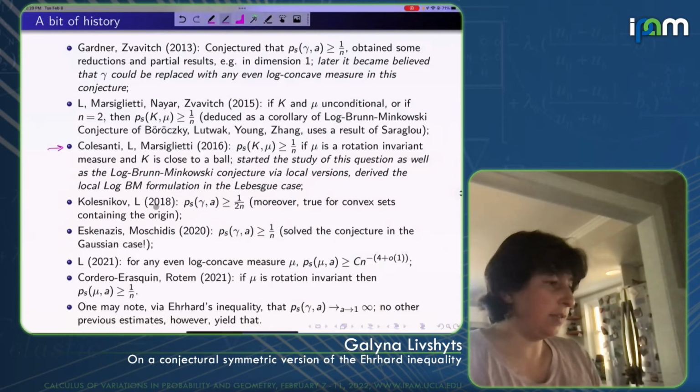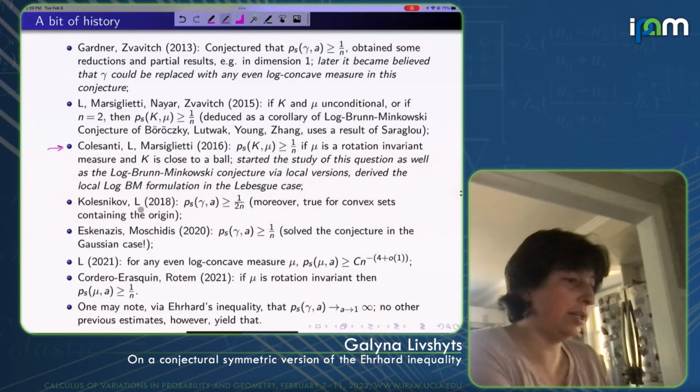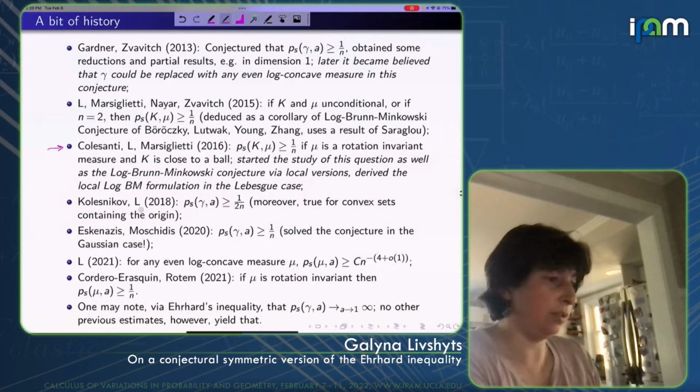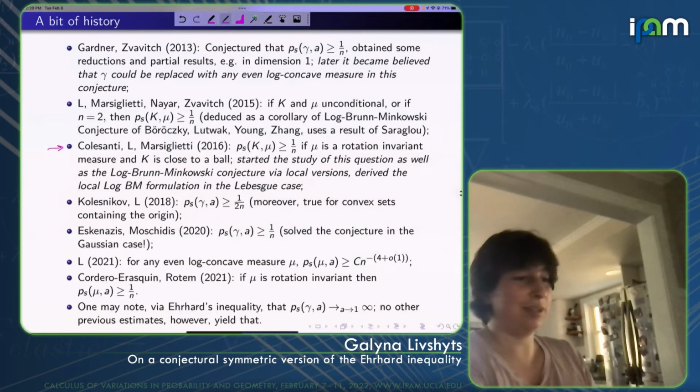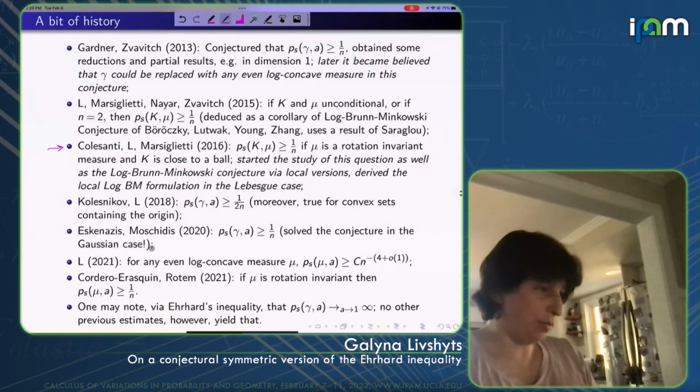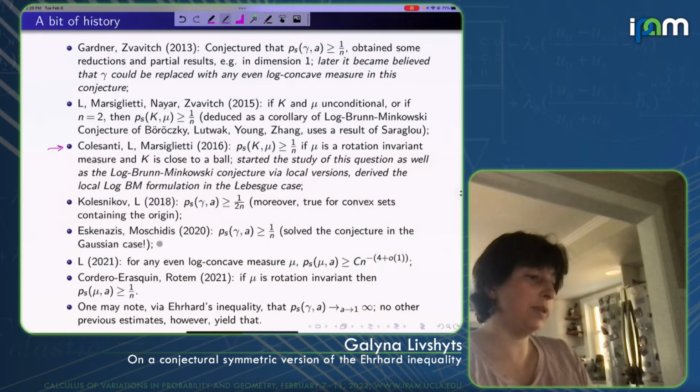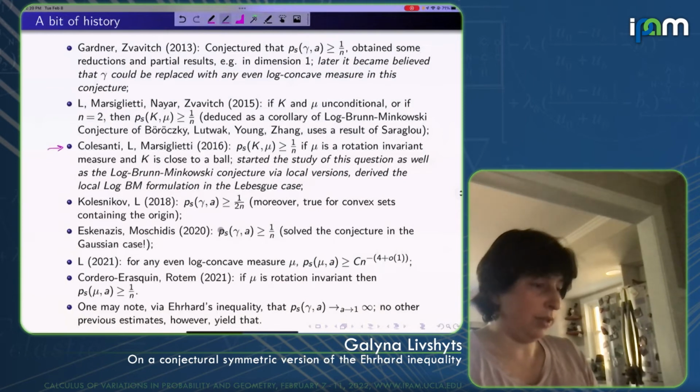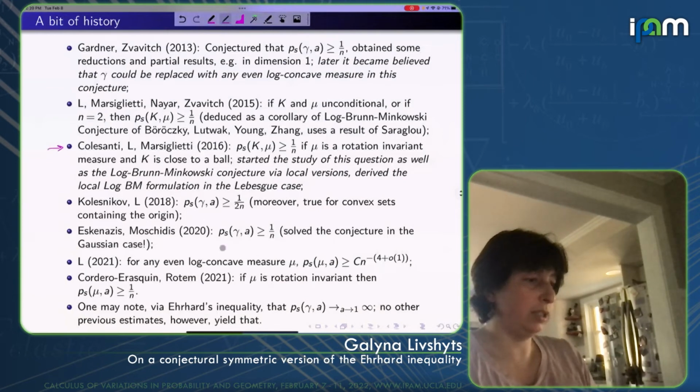Later, together with Sasha Kolesnikov, we showed that this exponent is bigger than 1 over 2n. In fact, it's true not just for symmetric convex sets, but for sets containing the origin, curiously. And later, there was a very beautiful paper of Ashkenazy and Mashkidis where they showed that 1 over n, the optimal exponent, can be put here.